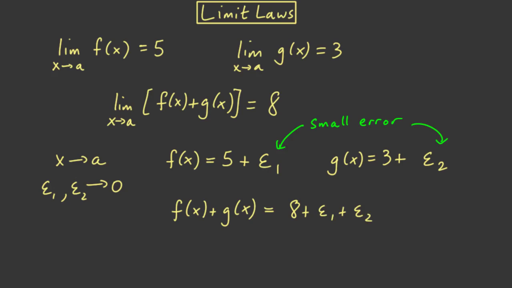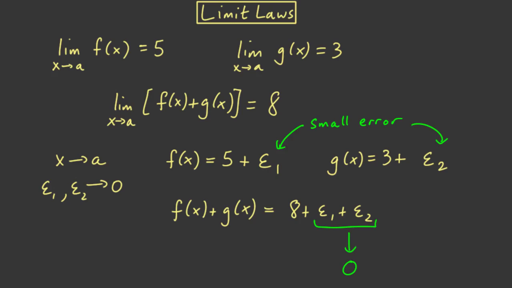So it'll be off from 8 by epsilon 1 plus epsilon 2. But of course, both epsilon 1 and epsilon 2 are our small errors. They're getting really tiny as x gets close to a. So their sum is also going to get really small. And that means that this error goes to 0, and the limit of f plus g is going to be 8, just as I promised.